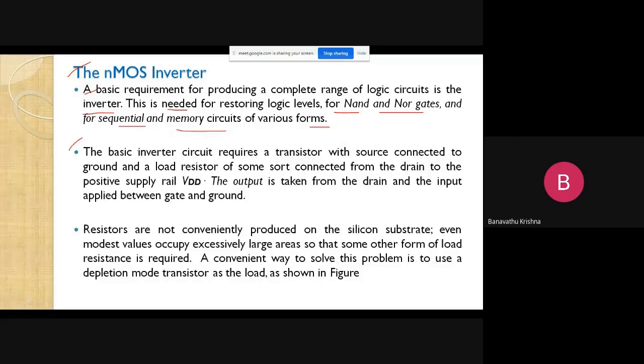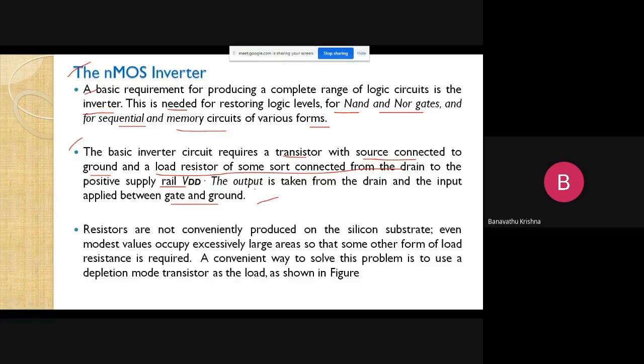In the second case, the basic inverter circuit requires a transistor with its source connected to ground and a load resistor of some sort connecting the drain to the power supply rail VDD. The output is taken from the drain and the input is applied between the gate and ground, that is VGS.